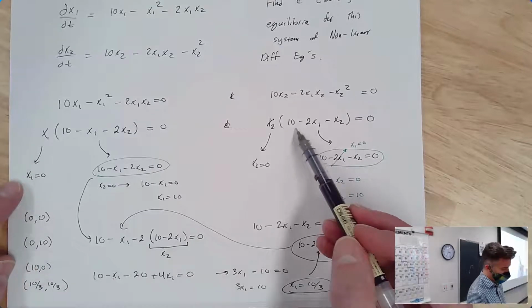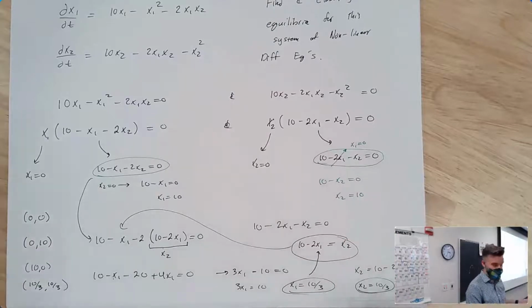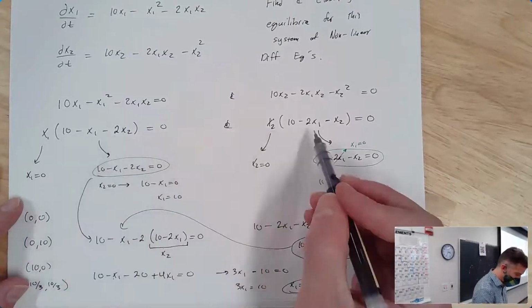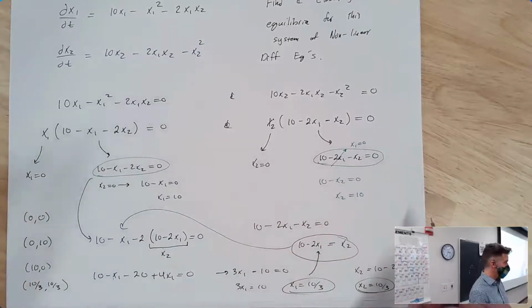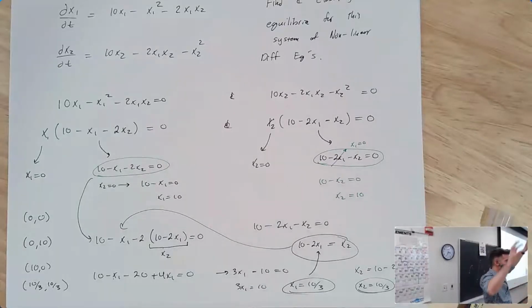I get 10 minus 20/3 minus 10/3, which is 10 minus 30/3, which is 0. So setting both x1 and x2 equal to 10/3, this part and this part are both 0, which makes them equal to 0. So when you're solving something like this, you have to find all the points that make both equations 0 at the same time. Kind of funky.